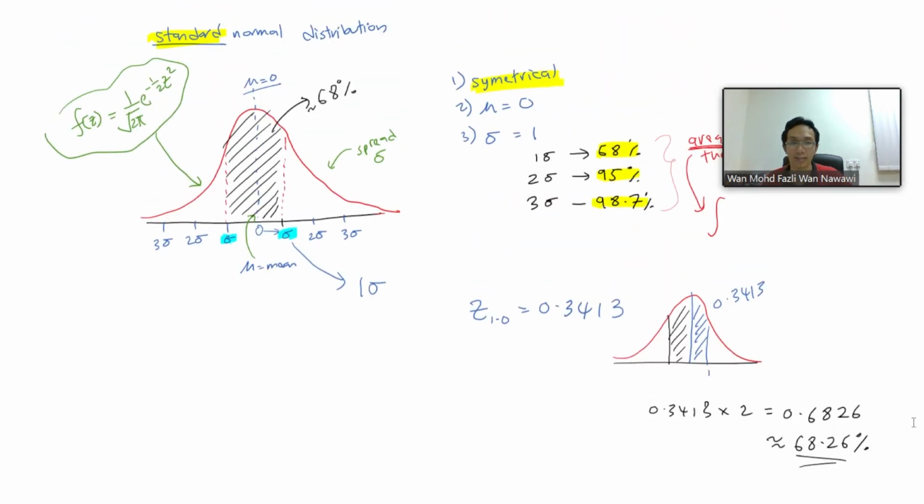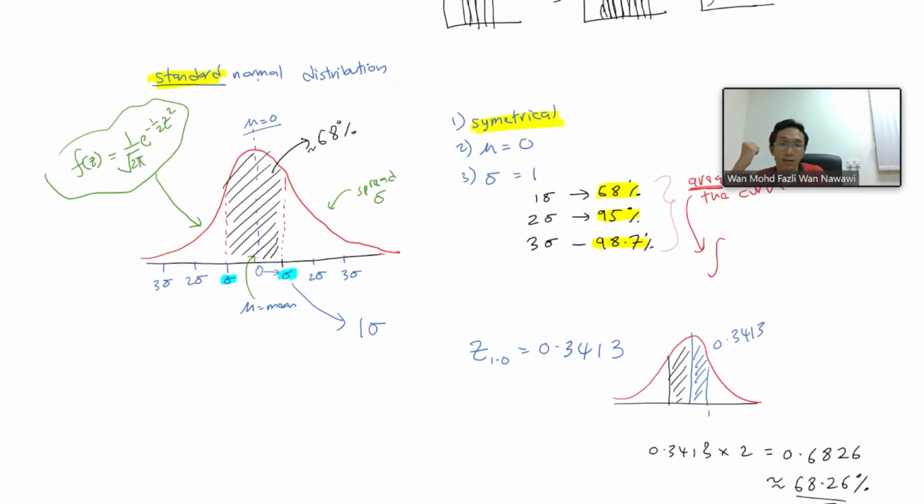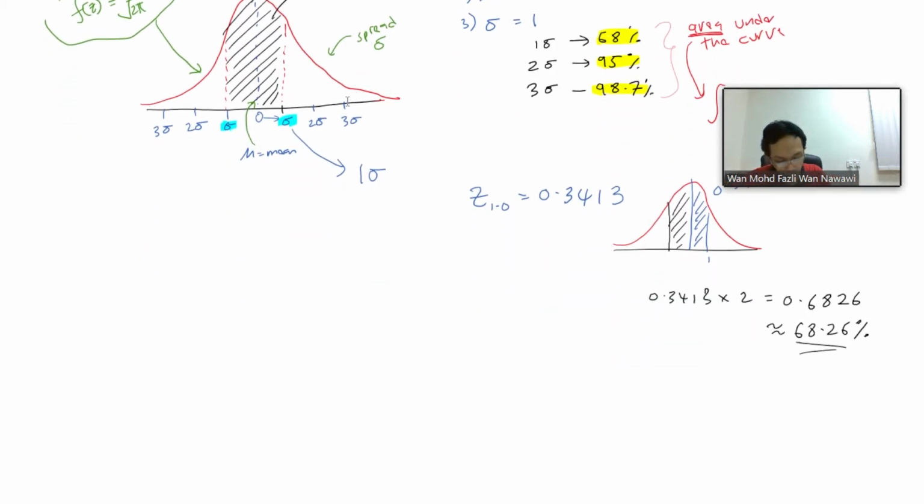As I said before, this is the standard normal distribution. This is the ideal. But when you do the experiment yourself, the data that you collect is not ideal. So what you do is relate it.